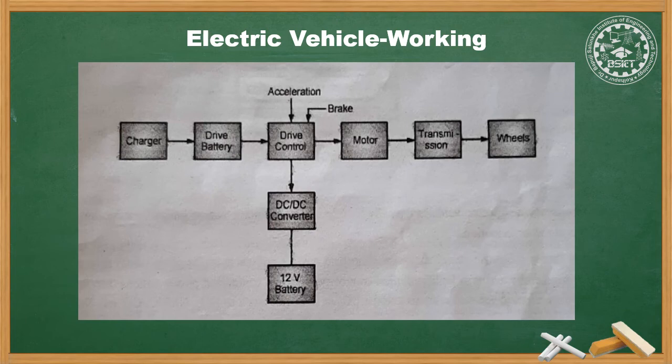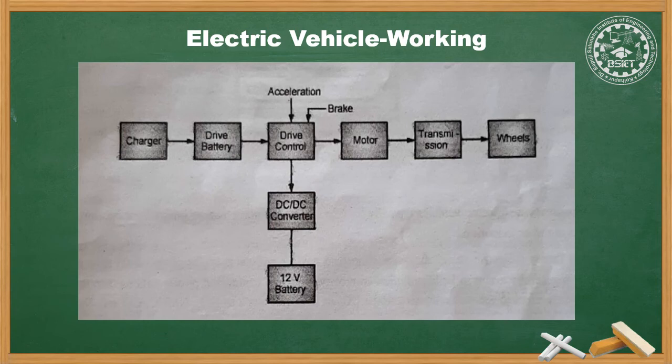The drive controller takes in about 300 volts DC from the battery set and converts it into a maximum of 240 volts 3-phase AC and sends it to the motor. The drive controller takes the power from the drive battery and supplies it to the motor, the motor supplies it to the transmission system, and the transmission supplies it to the wheels.